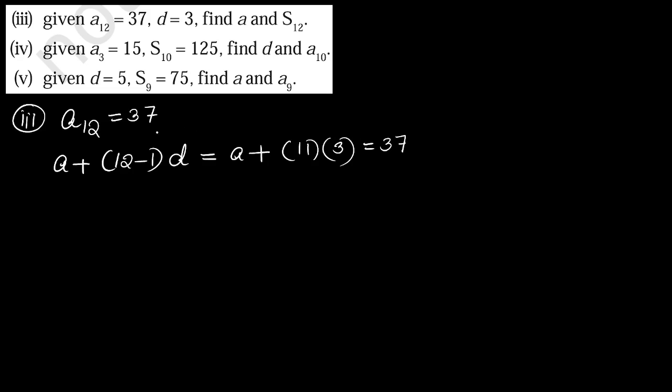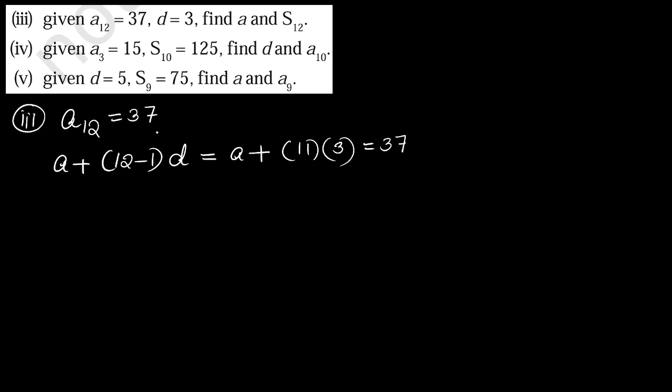So 12th term is a plus 12 minus 1 into d. 12 minus 1 is 11. d is given as 3. So this is the 12th term, given as 37.